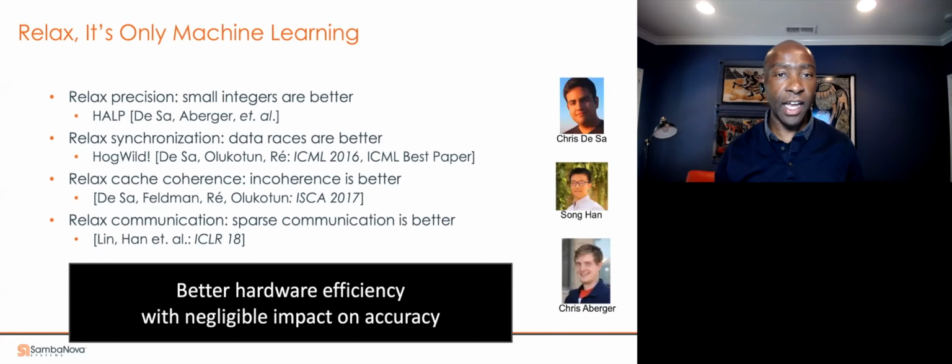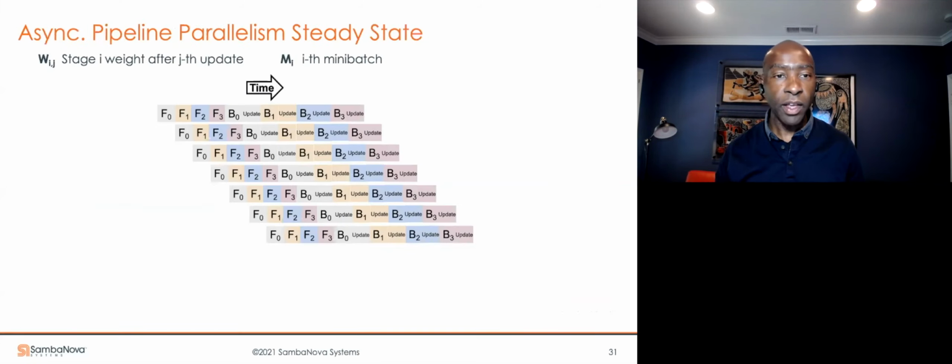So using this idea, we could apply this to pipelined training, and instead of updating the model at the end of the pipeline, we can update the model as soon as the particular backward step or backward section is complete.